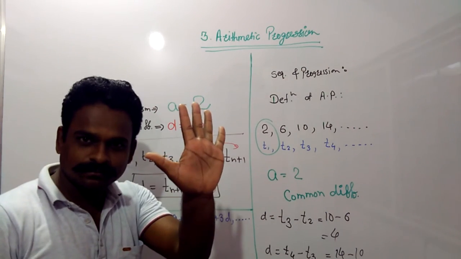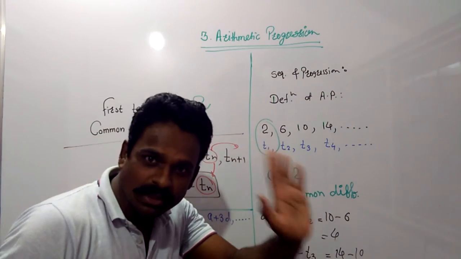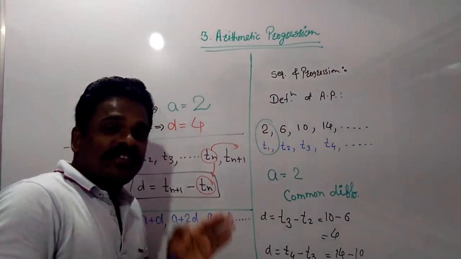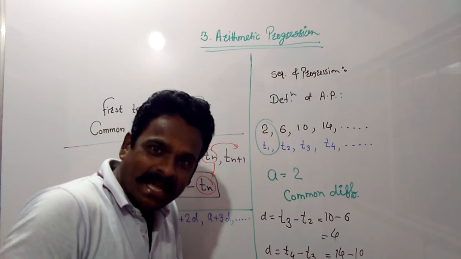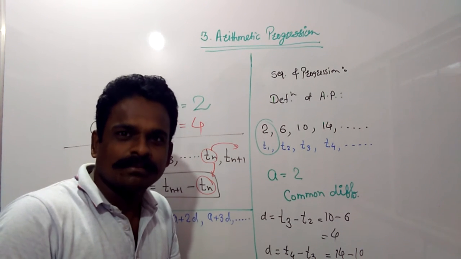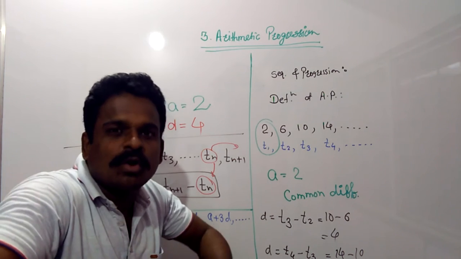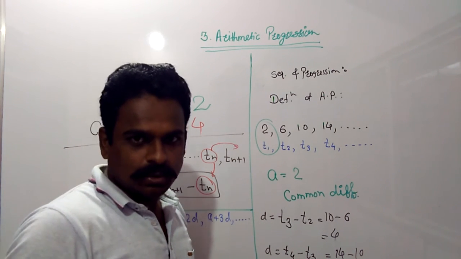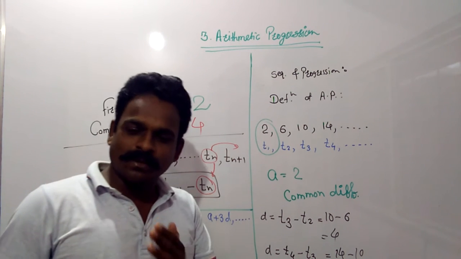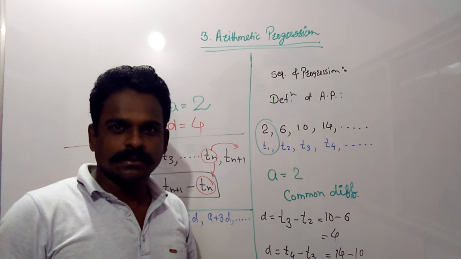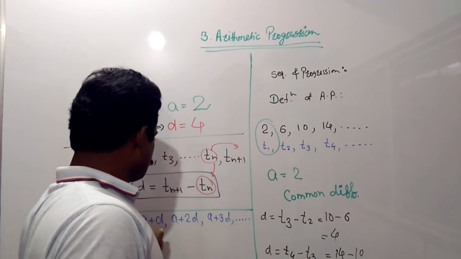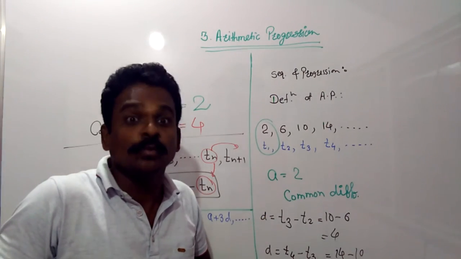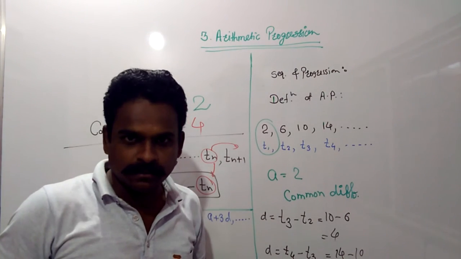And the last topic we discussed today is finding an arithmetic progression with the help of the first term and common difference. If the first term and common difference are provided to you in the exercise problems of your maths textbook, we need to find the required arithmetic progression.